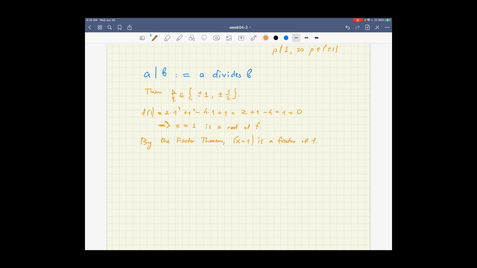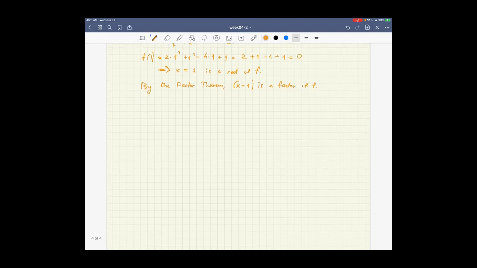In other words, x minus 1 divides f. So we divide our polynomial, 2x cubed plus x squared minus 4x plus 1, by x minus 1 with remainder.